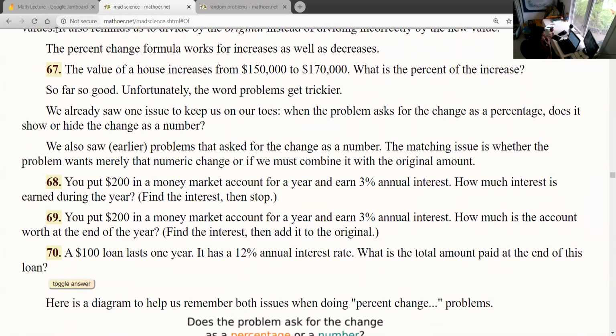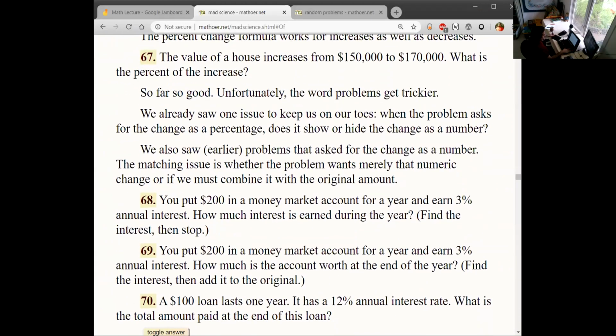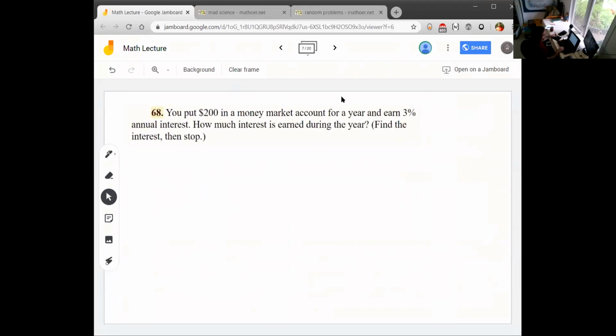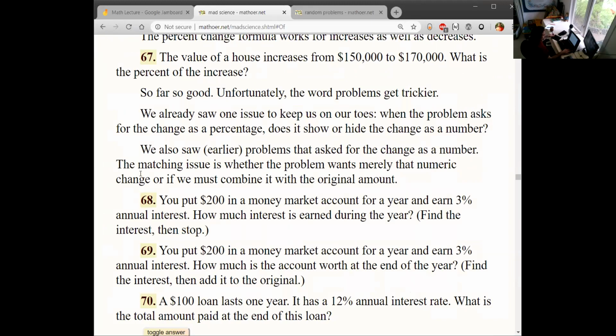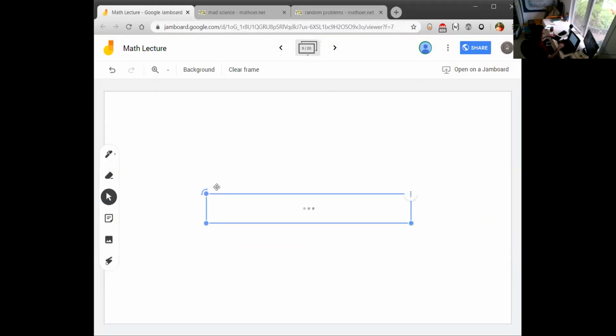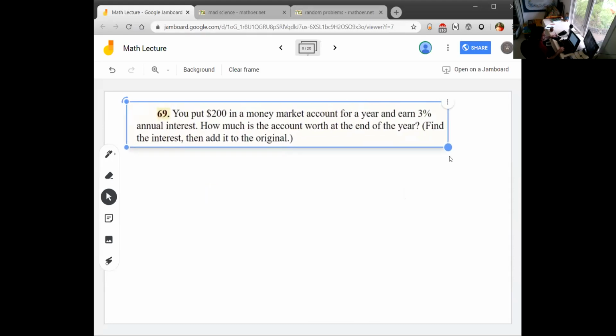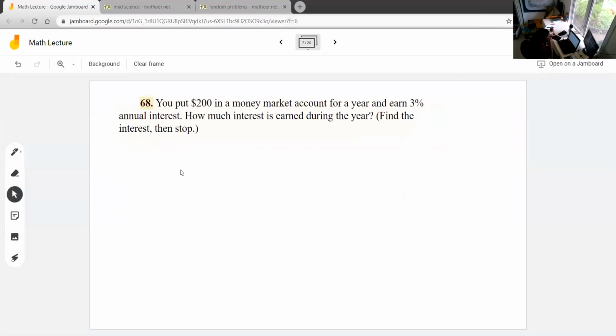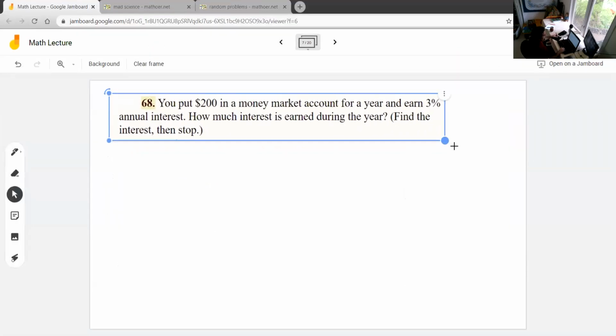Now, what happens if we have a different issue to make things complicated? So 68 and 69 look very similar. So let's see how they work.